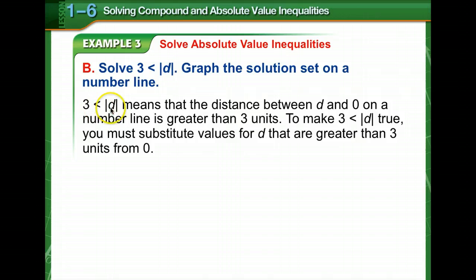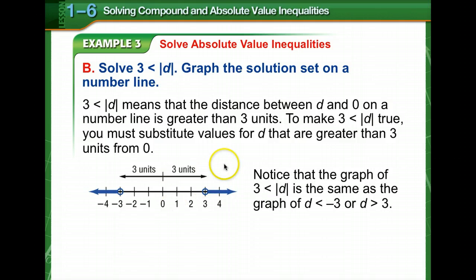3 being less than the absolute value of d means that the distance between d and 0 on a number line is greater than 3 units. To make 3 less than the absolute value of d true, you must substitute values for d that are greater than 3 units from 0. So here it looks like an OR, doesn't it?